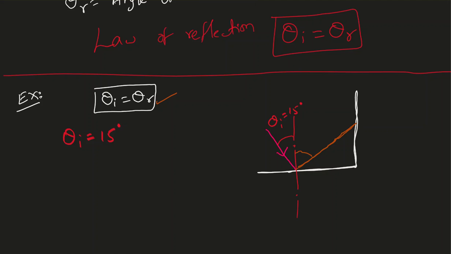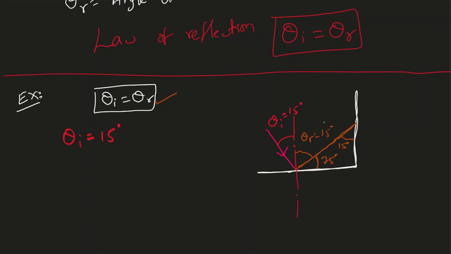So theta R must be 15 degrees. So if this is 15 degrees, we know that this angle must be 75 degrees here, and then the remaining angle must be 15 degrees there.